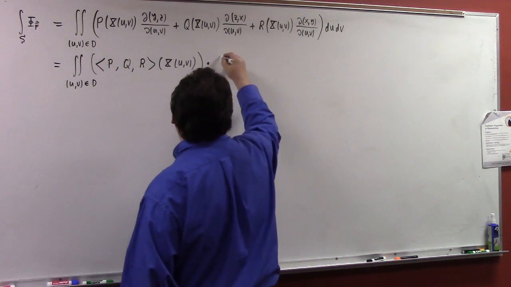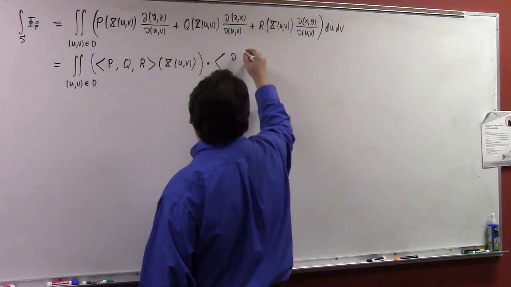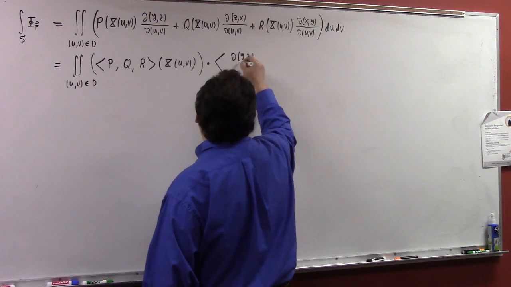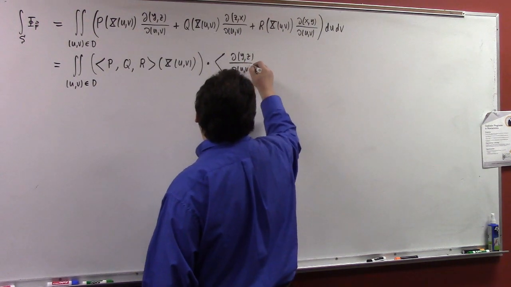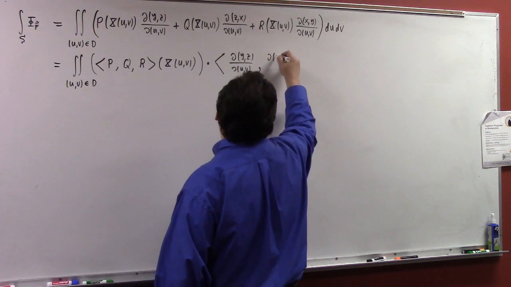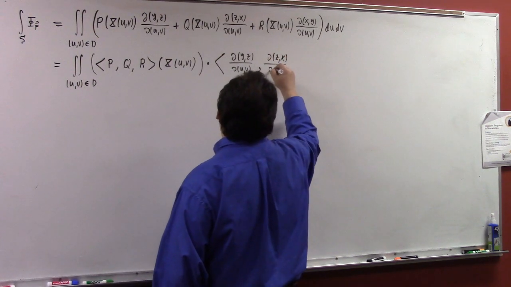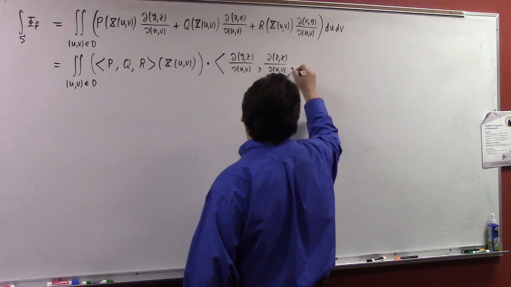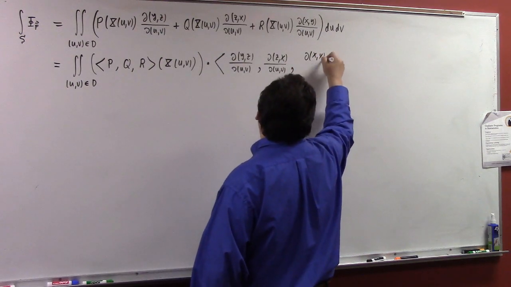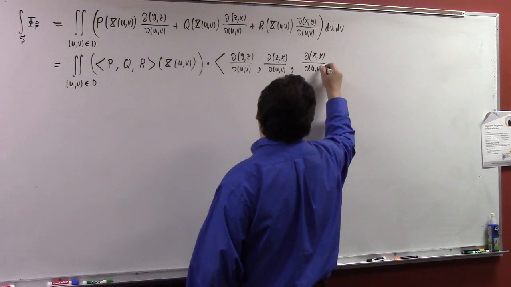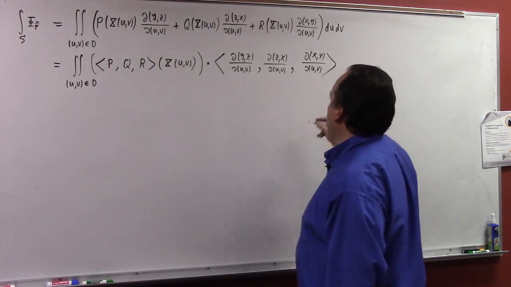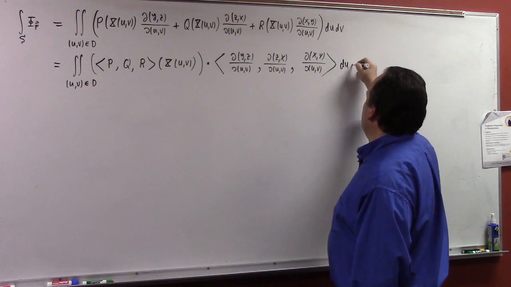Well, dot product with the vector partial yz, partial uv, partial zx, partial uv, partial xy, partial uv, du dv.